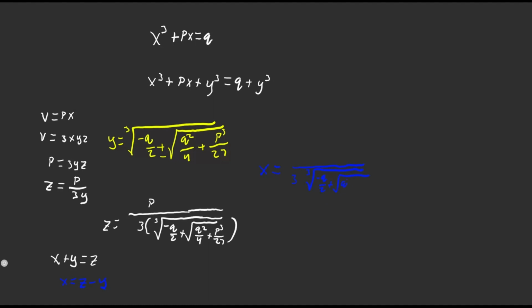Let's do that. q squared over 4 plus p cubed over 27, minus a cube root of negative q over 2 plus the square root of q squared over 4 plus p cubed over 27. And that is our solution for x.